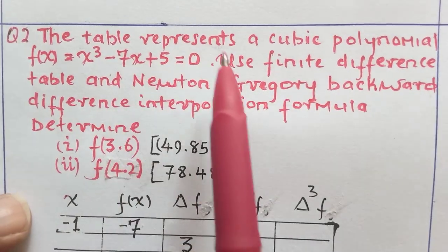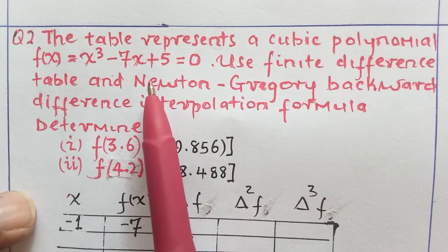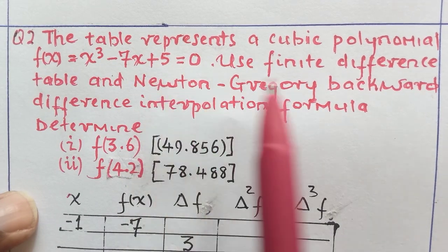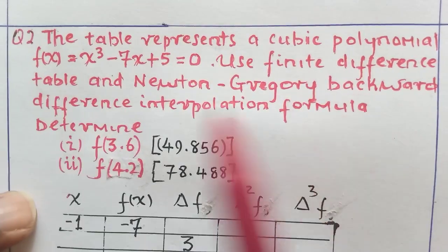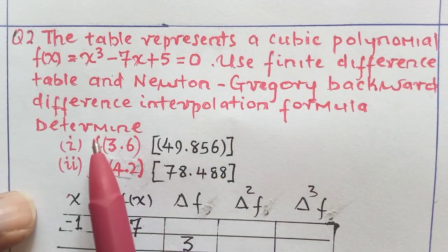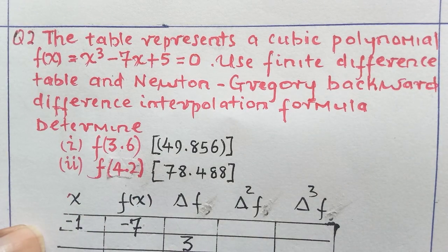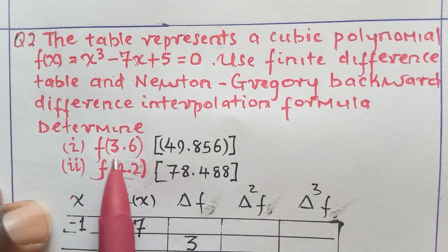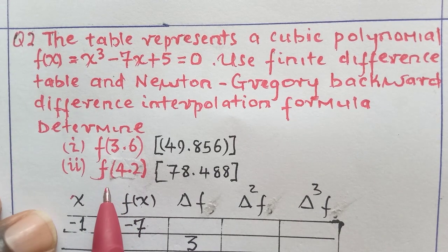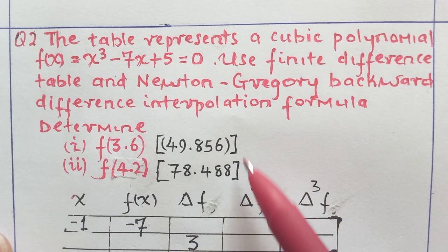So the question states, the table represents a cubic polynomial f(x). Use finite difference table and Newton-Gregory backward difference interpolation formula and determine f(3.6) and f(4.2), and here are our answers.